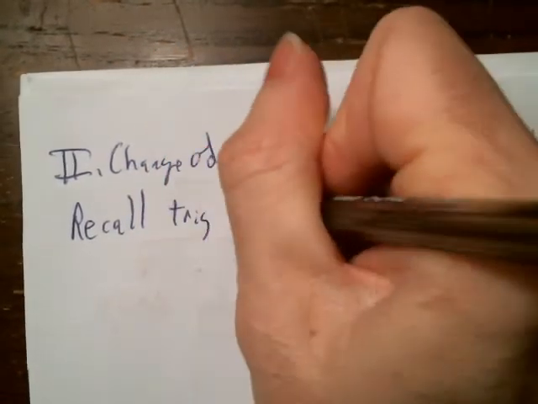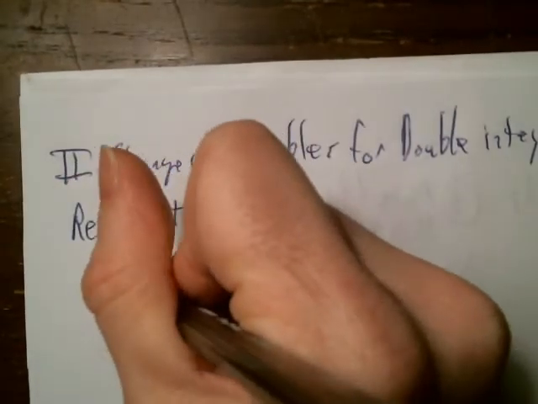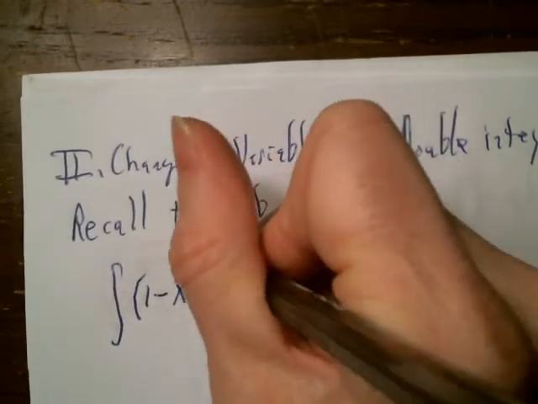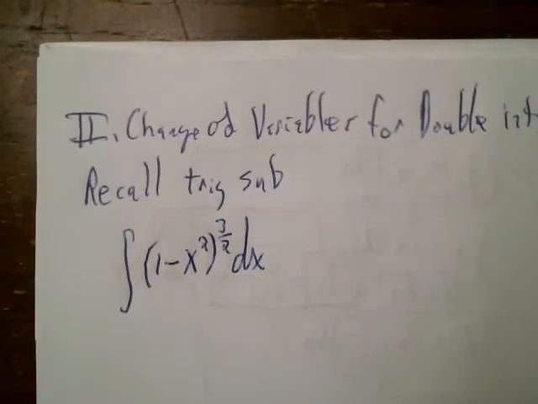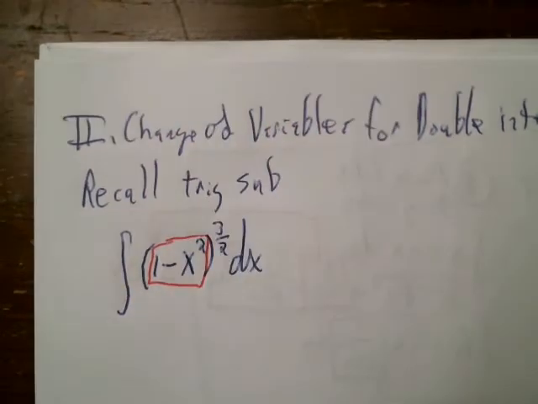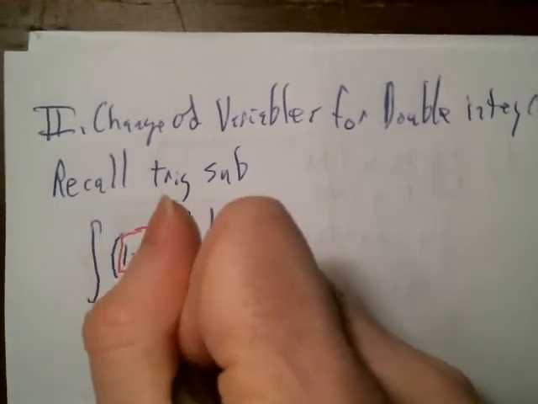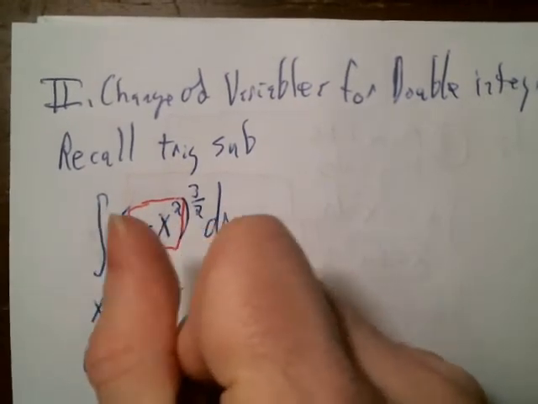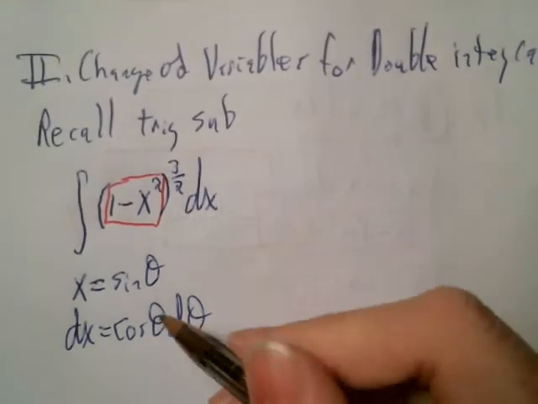Recall the trig sub. You may have something like the integral of 1 minus x squared to the 3/2 dx. Depending on the expression here, that would tell you what kind of sub to do. So generally you would say, let x, in this case, equal sine theta. Then dx must equal cosine theta d theta. Then you could do your substitutions.